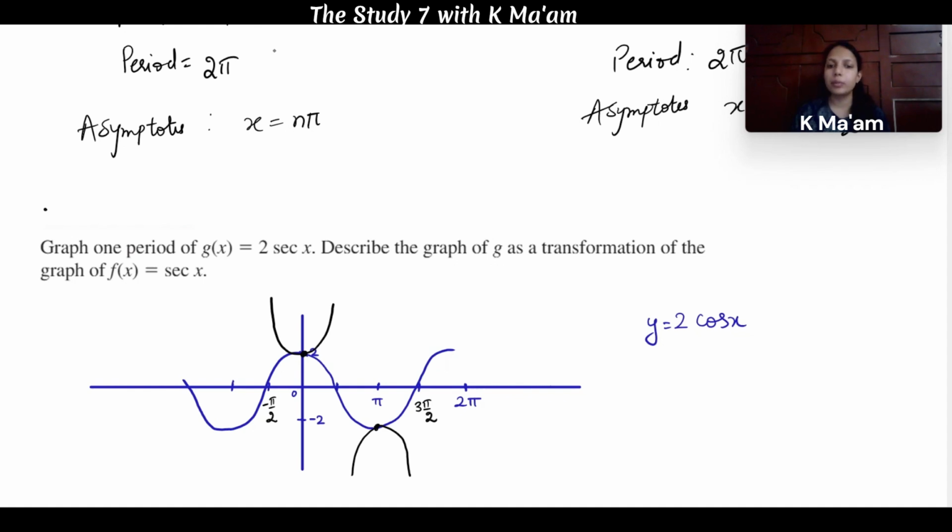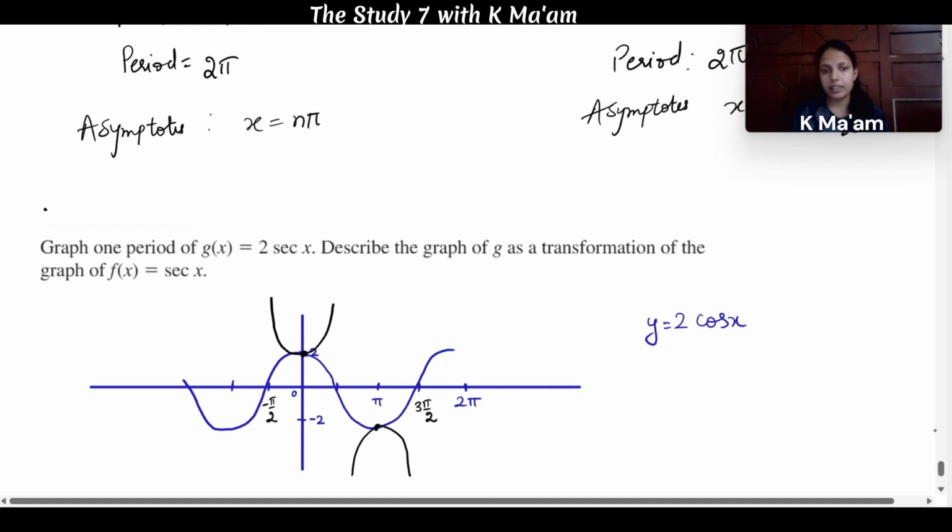From minus pi by 2 to 3 pi by 2, we draw 1 period for the graph of 2 secant x. Okay, you can see what minimum value it is achieving. It goes to negative infinity. Other points: at pi it gives you negative 2, at 0 it gives you positive 2, and the period is 2 pi again. Y equals 2 secant x. Done. The period is 2 pi.